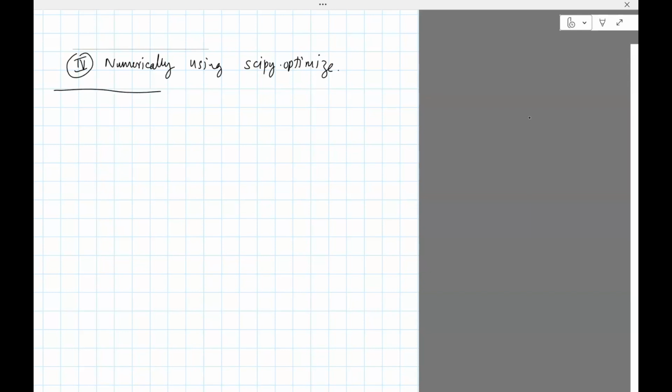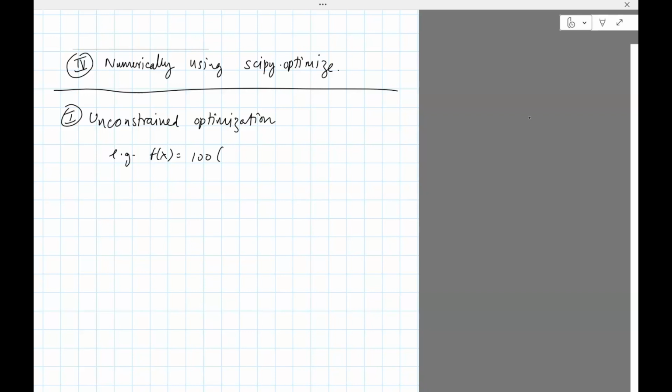Okay, so there are basically two types of optimization. There's unconstrained optimization, in which you only have a cost. A cost would be that function. An example would be the problem we just did: f of x equals 100 times (x2 minus x1 square) squared plus (1 minus x1) squared.